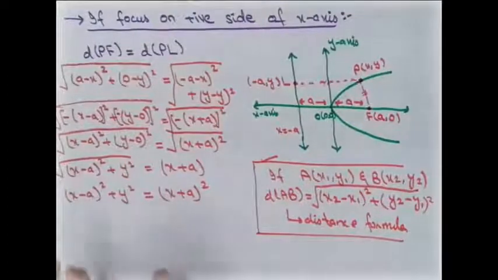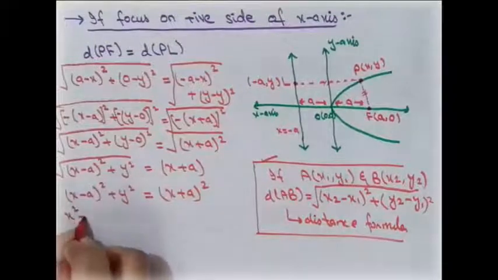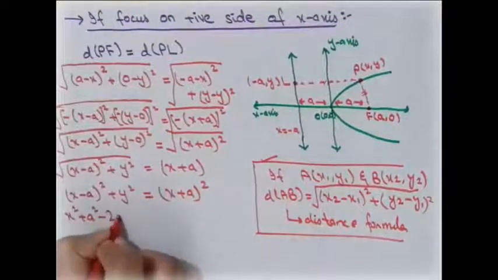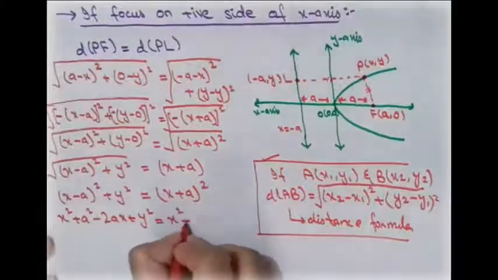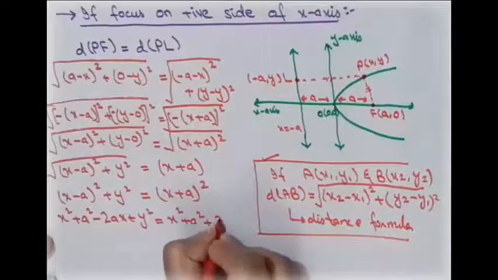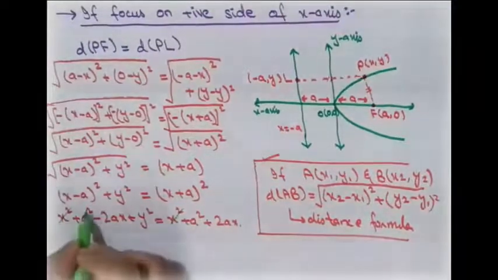Now we open the squares on both sides, so it will be x square plus a square minus 2ax plus y square, which equals x square plus a square plus 2ax. You can see these terms cancel out in a similar way.